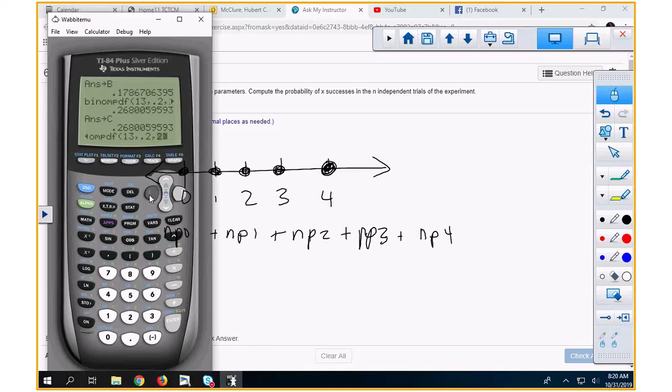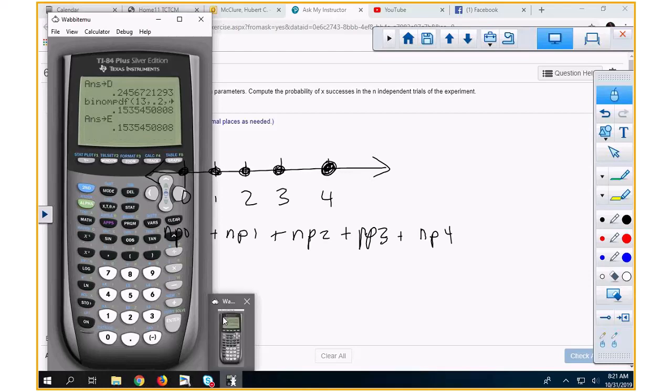So now let's do 3, and we're going to call that stow alpha D. Now we do 4. Second, enter, and 4, and stow alpha E.